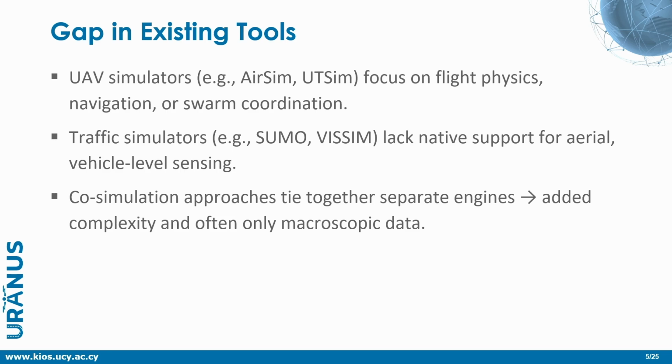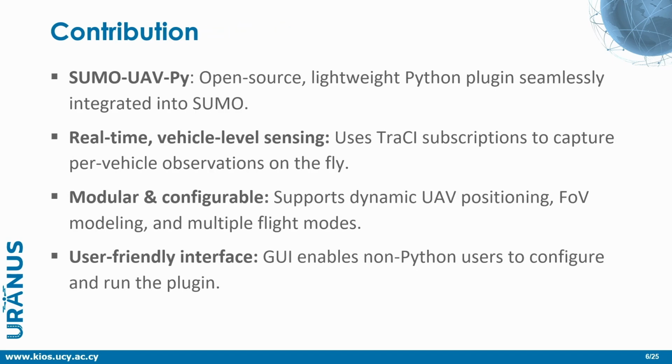And we have as well some co-simulation approaches for UAVs and simulators, but they do not offer UAV-based sensing in large networks. And they add complexity and some microscopic data information as well, which we do not need.